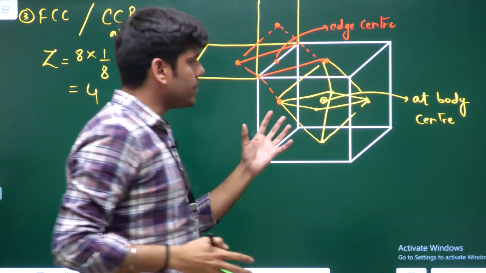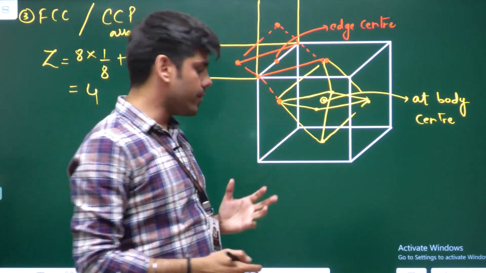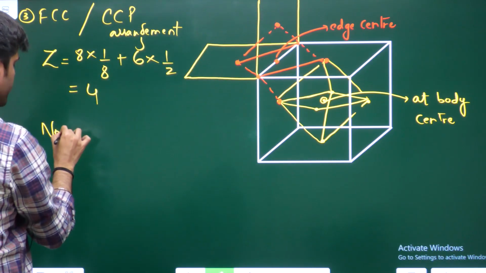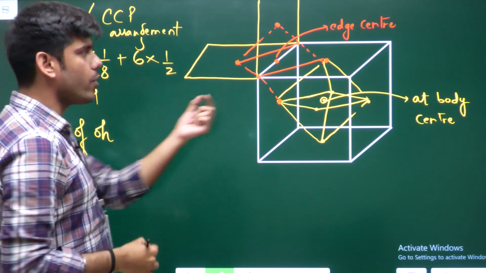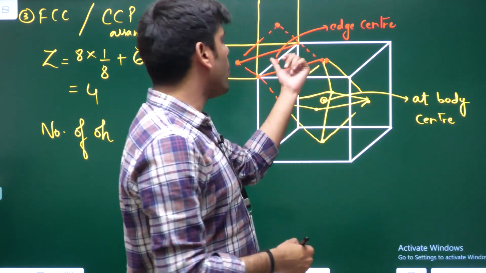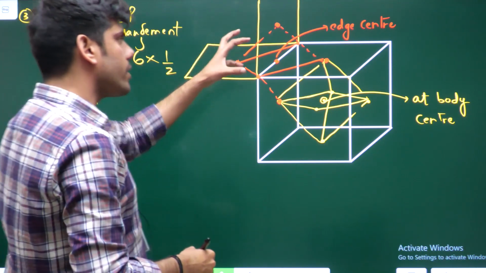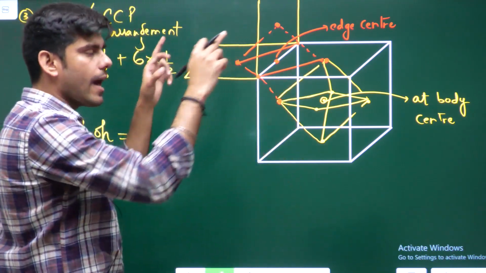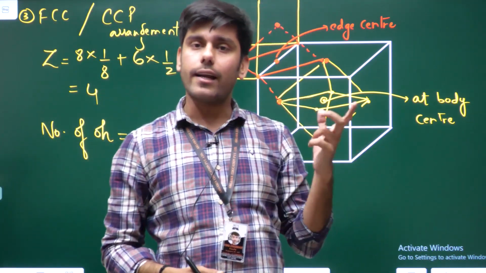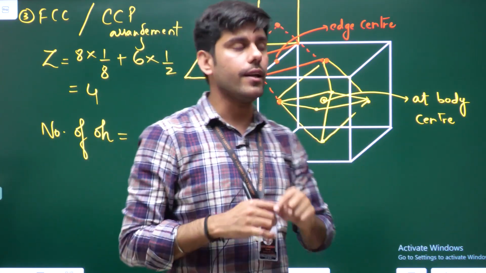If I want to know the exact number of octahedral voids in an FCC unit cell, we already know the positions: the body center and the edge center. Now the number: we have 12 edges in a cube, and the contribution by the atom at the edge center is 1/4, that is, it is divided among 4 cubes.